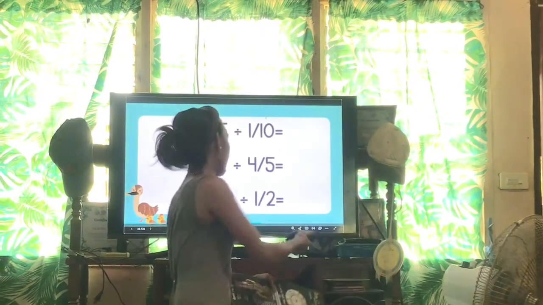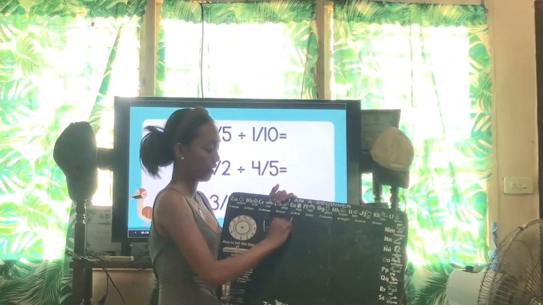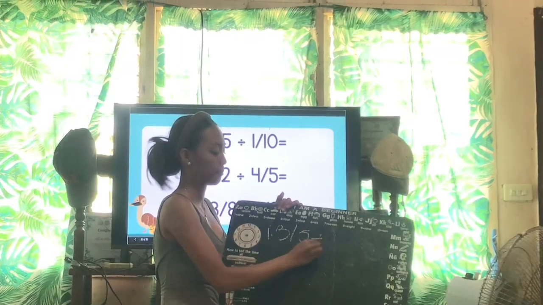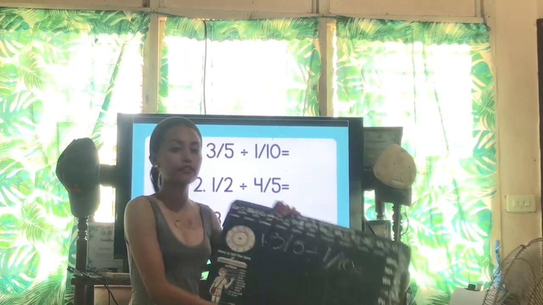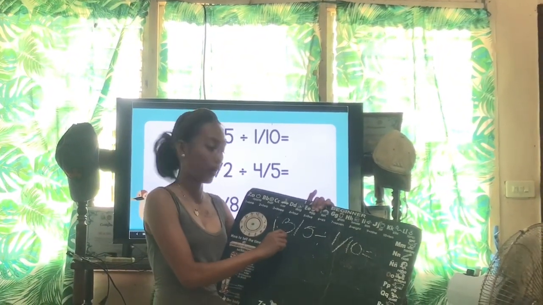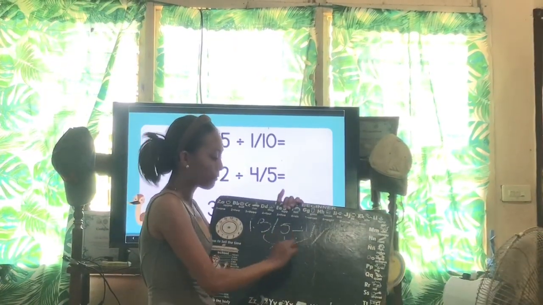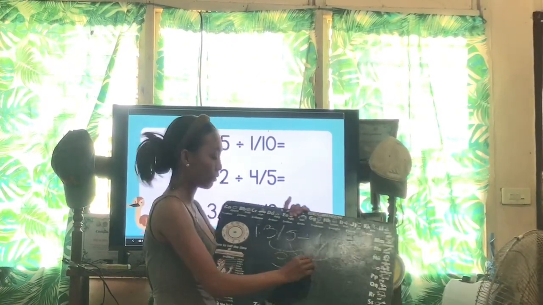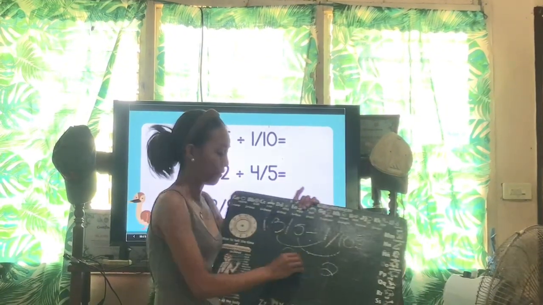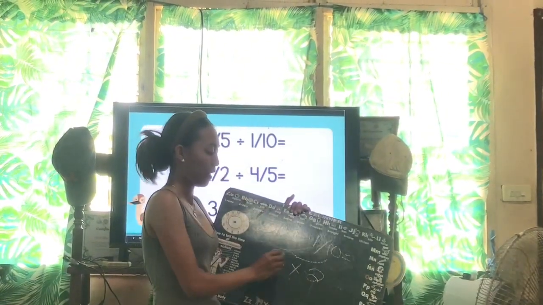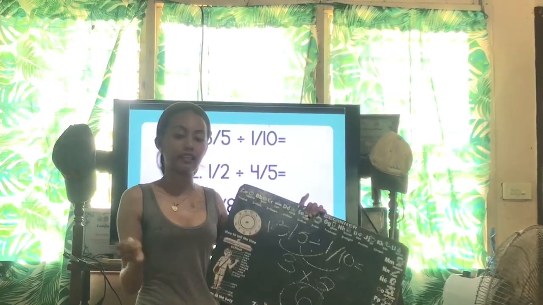Number 1 is 3/5 divided by the fraction with its numerator and denominator. 3 divided by 1 is 3, and 5 divided by 10 is 2, and we need to multiply it. 3 times 2 is 6. So the answer is 6.